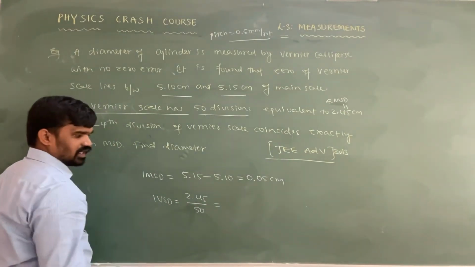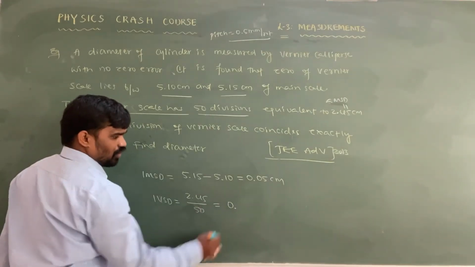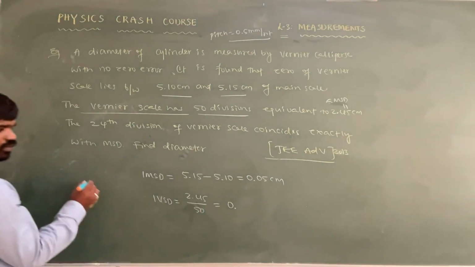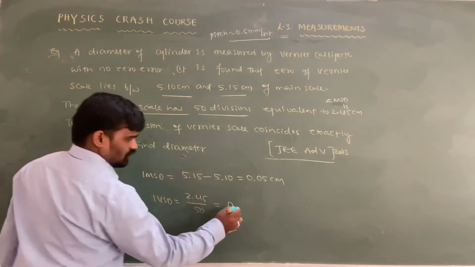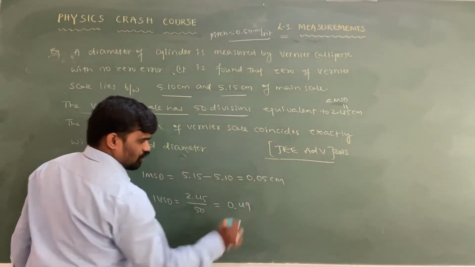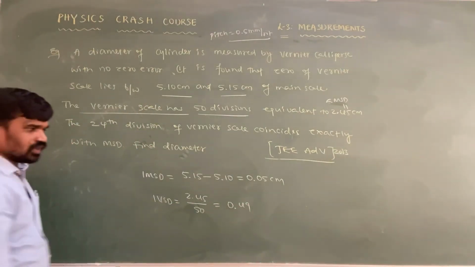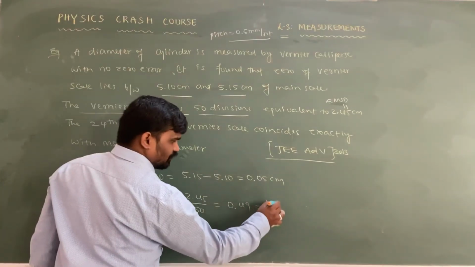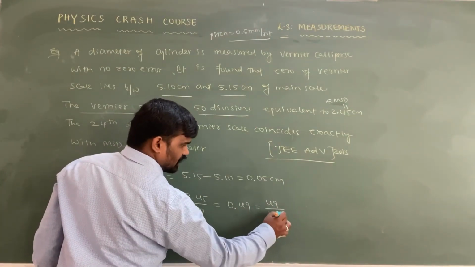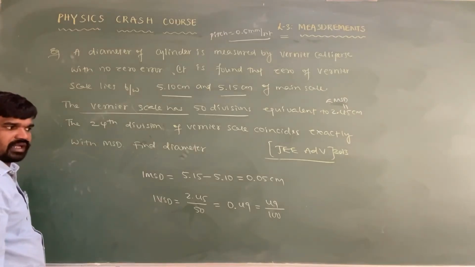How much will you get? Nearly 0.049. That means you can write it as 49 by 1000.